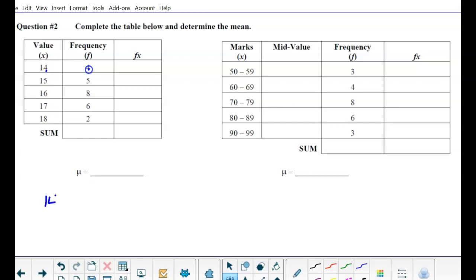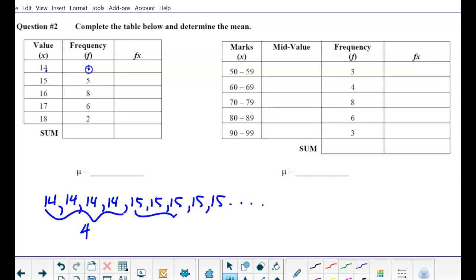So the long way, which we would never want to do, is to write it out like this, right? Don't write this down. But that's what it means. 4 14s, 5 15s. So to get the mean, we would want to add all of these up. So 4 14s means we're going to multiply these together to get the frequency times x.